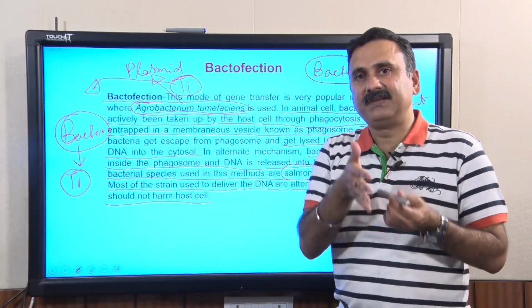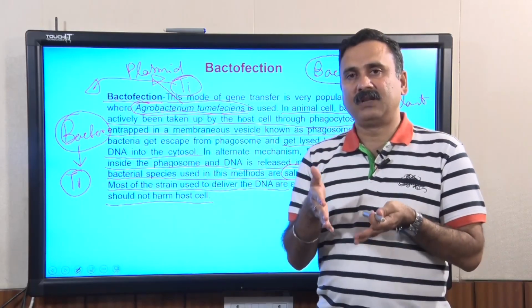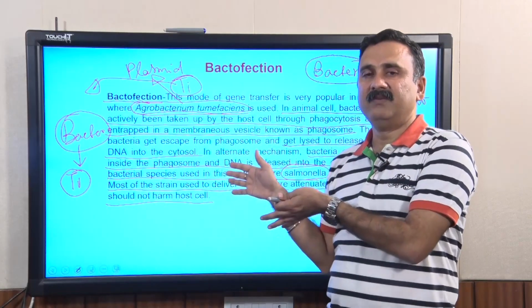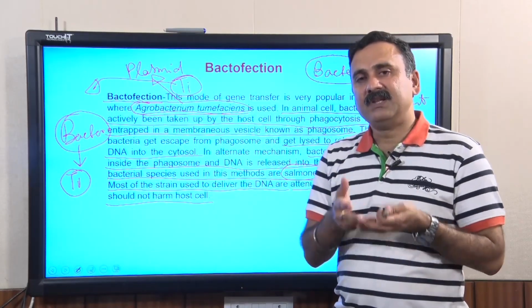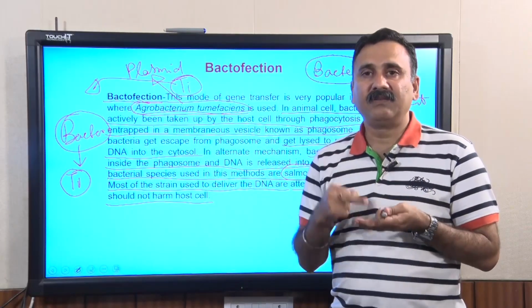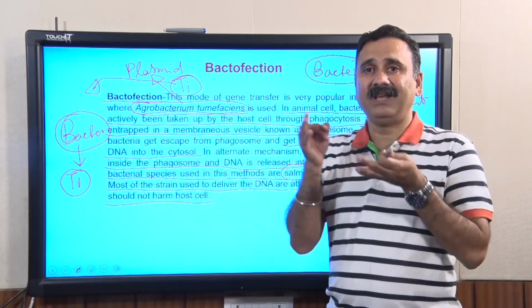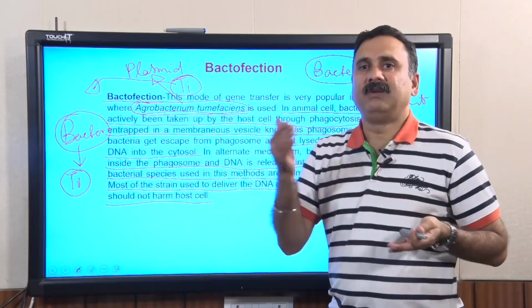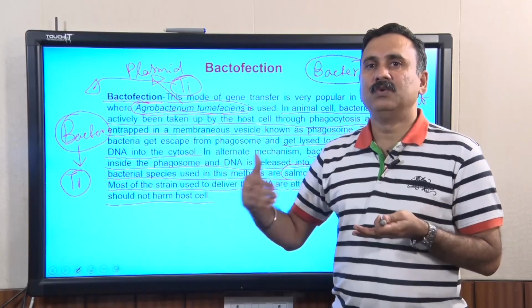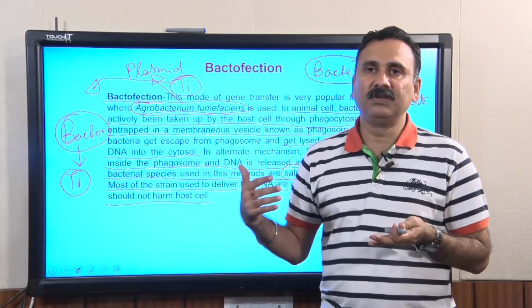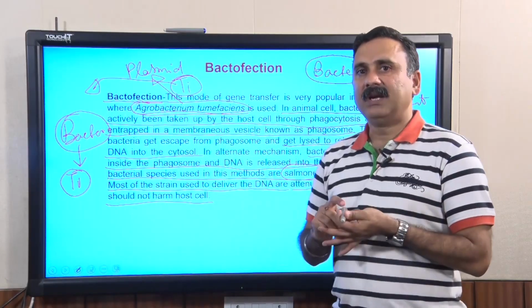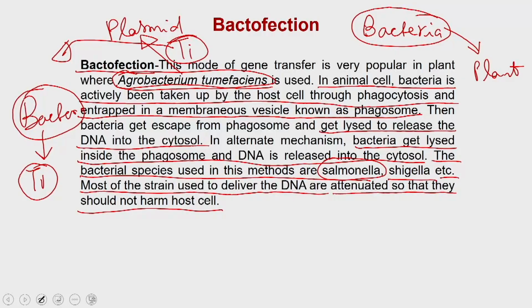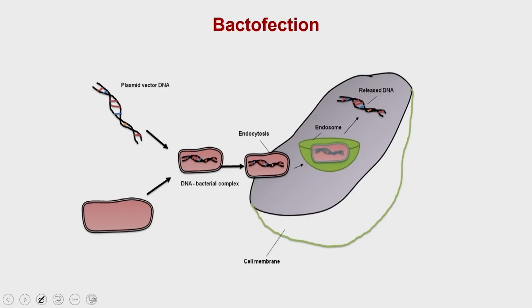Because of this natural transformation performed by Agrobacterium tumefaciens, the efficiency of the transfection is very high, and you can use Agrobacterium mediated transfection on most plant parts, which means you can use it to express the protein in the leaves, and for other plant parts as well. So that is why Agrobacterium tumefaciens is very popular for transfection studies in plants. Now let us move on to the next method.